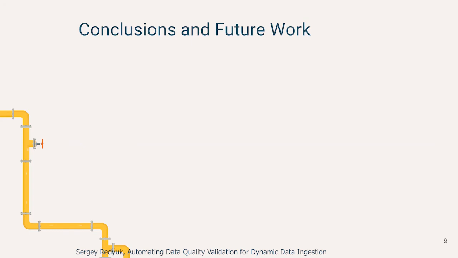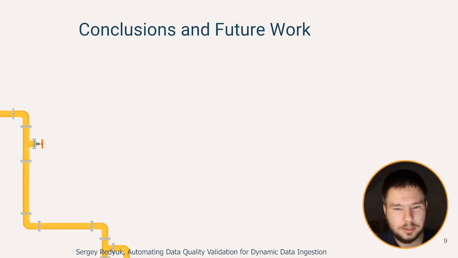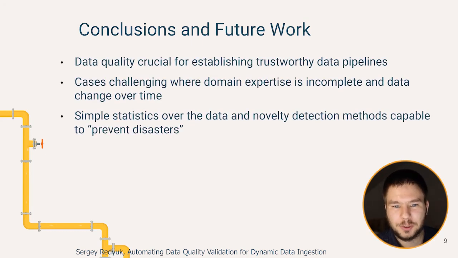To summarize, I would like to address several points as a takeaway message. First, data quality validation is crucial for establishing trustworthy data pipelines. The most challenging scenarios are the ones where domain expertise is incomplete and data might change over time.